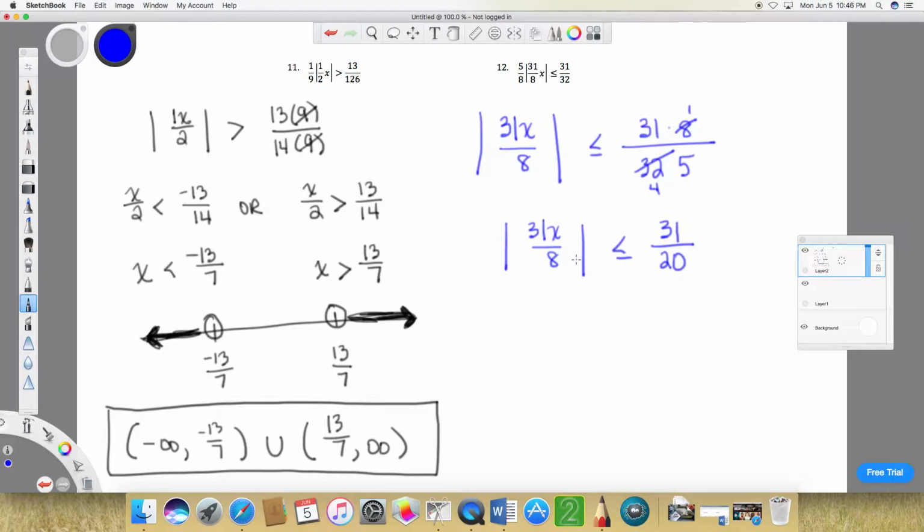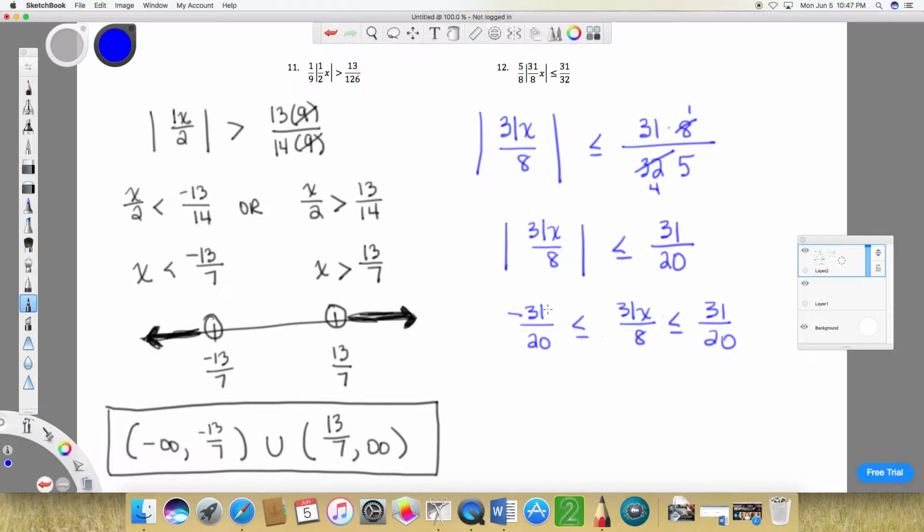All right, so this time the arrow is pointing towards the absolute value, so I know that the center portion of the number line is going to be shaded in my final answer, not the tails like it was in number 11. So this time I write my compound inequality as negative 31 over 20 is less than or equal to 31x divided by 8, which is less than or equal to positive 31 over 20.